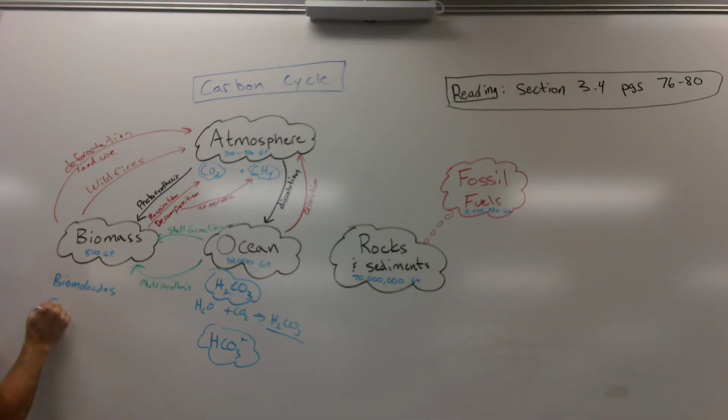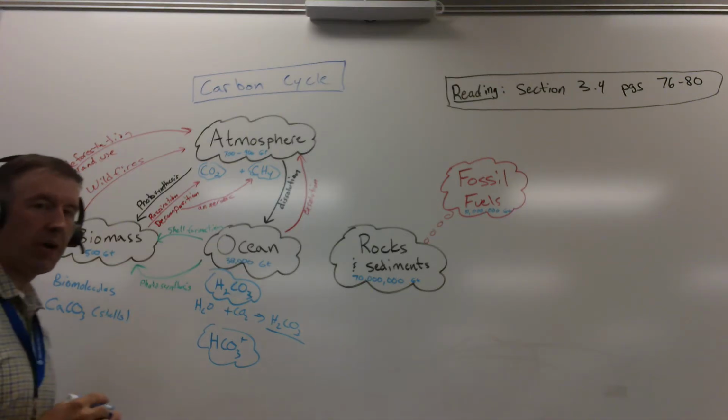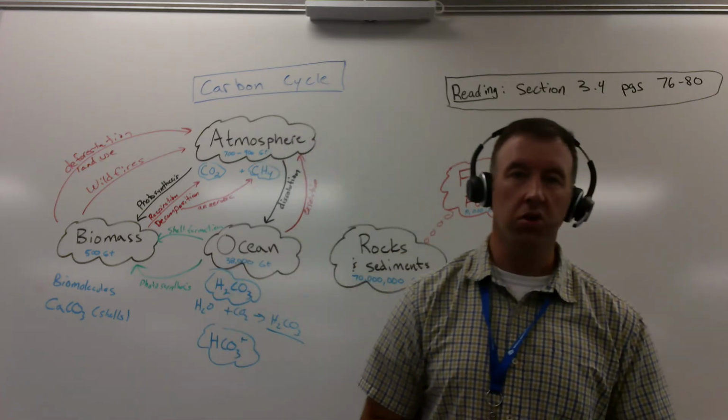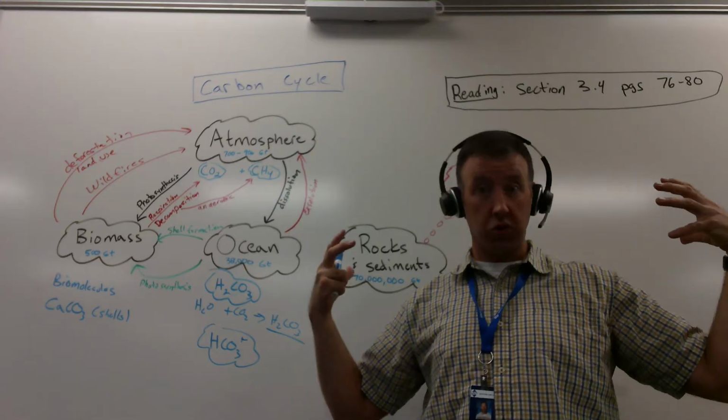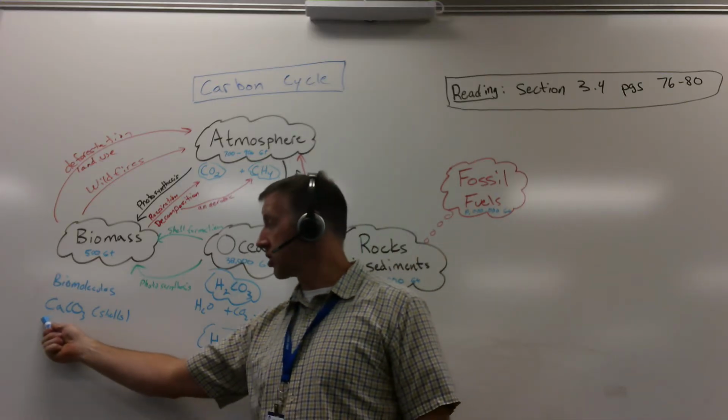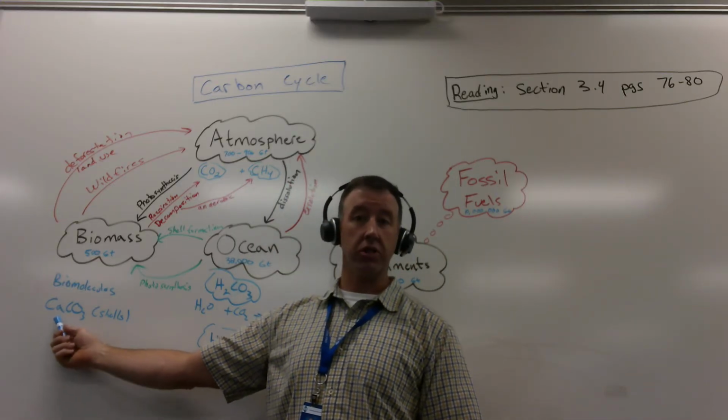But we also have calcium carbonate, which is essentially shells. So whether we're talking about coral or clams or lobsters or crabs, those hard parts are composed almost entirely of calcium carbonate.